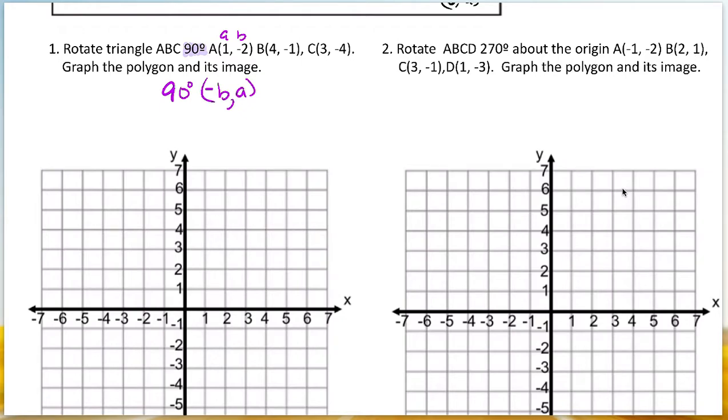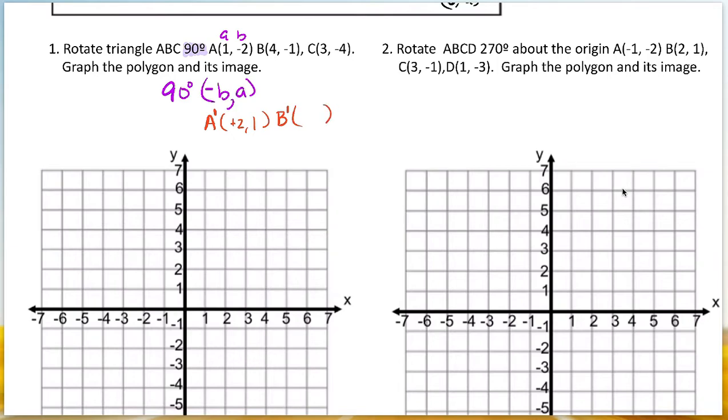So what I do to apply this rule is I write my new points down. So for A, I switch the numbers in order, and I change the sign on the new first. So I do it as a two-step process. So this will be A prime. Almost forgot my prime.